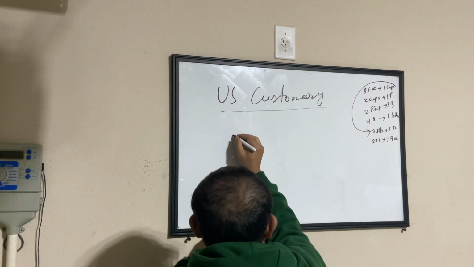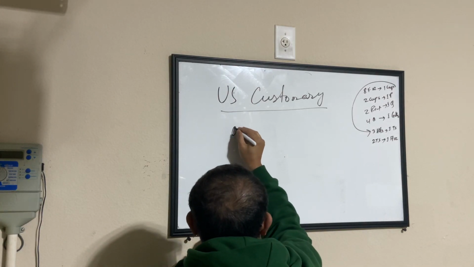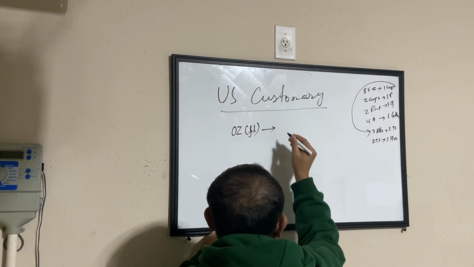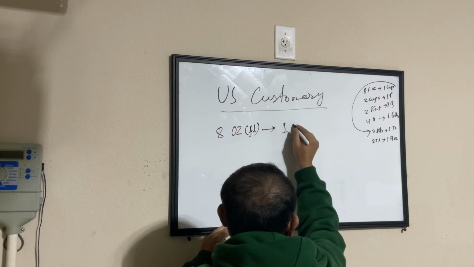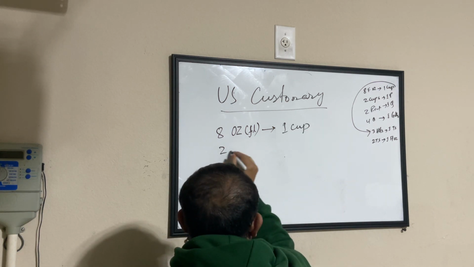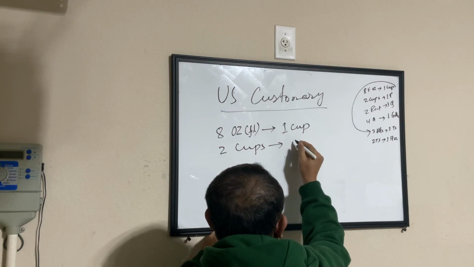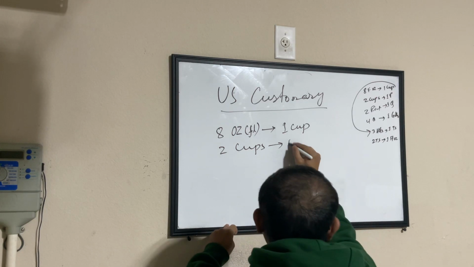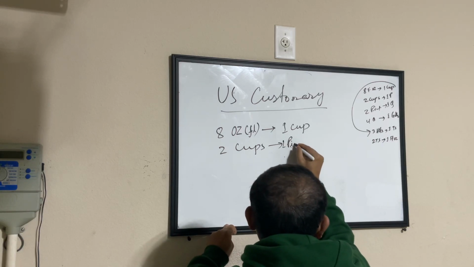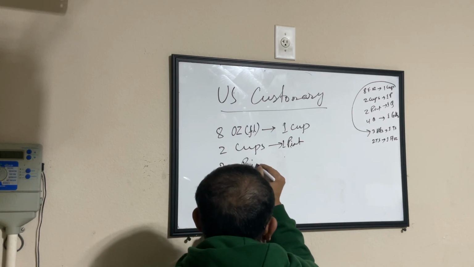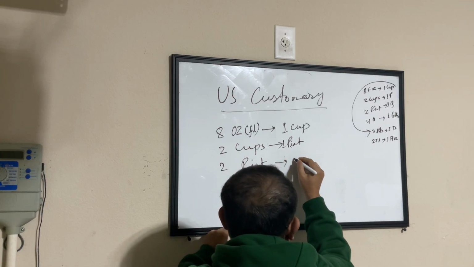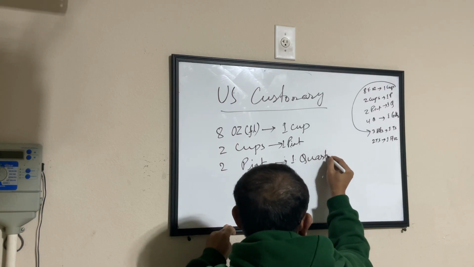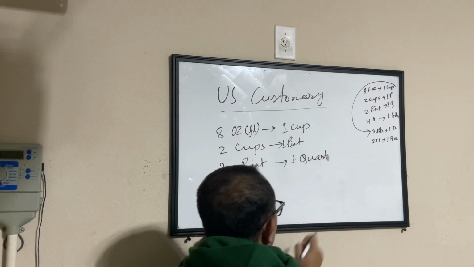Start with the ounce. 8 ounces make a cup. 2 cups make a pint. 2 pints make a quart.